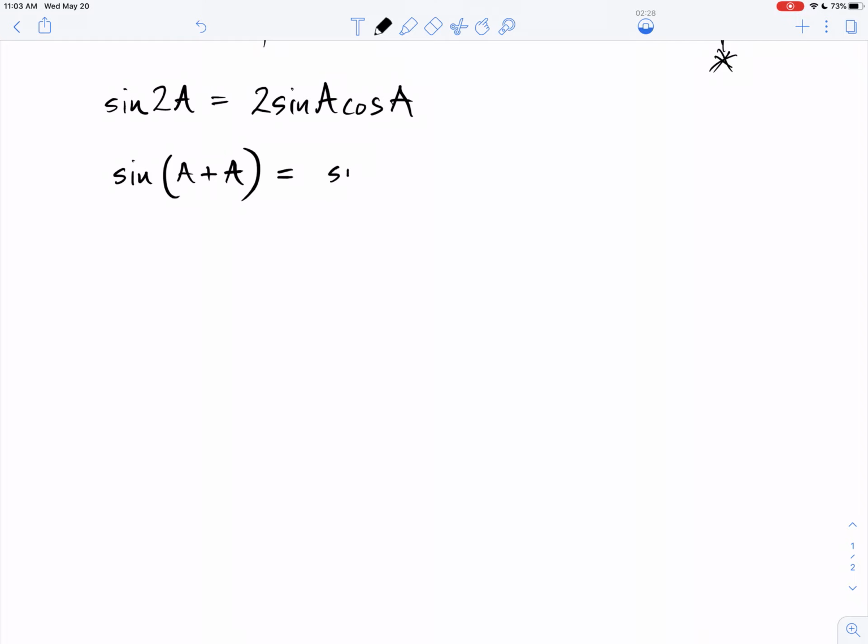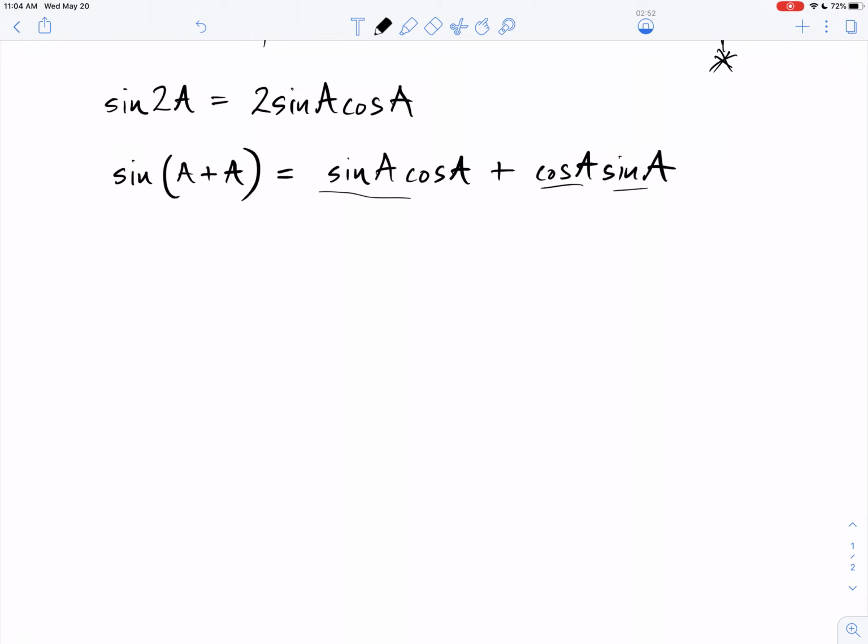It means I'm going to do sine cosine, cosine sine. There's sine A cosine A, plus cosine A sine A. Now remember, the order in which you multiply two things does not matter. I could say cosine A times sine A is the same thing as sine A cosine A. So what does that really give me?